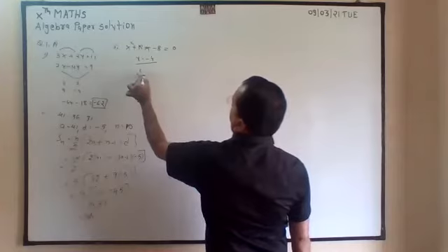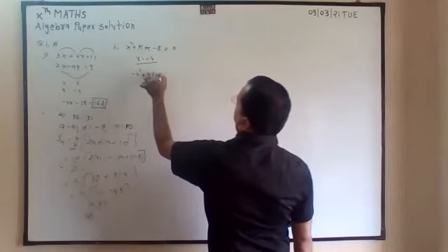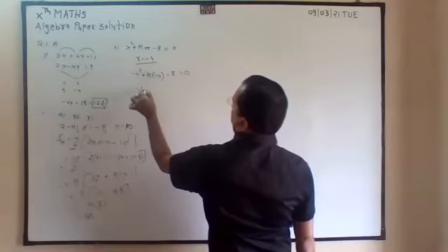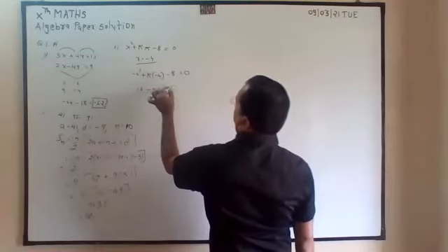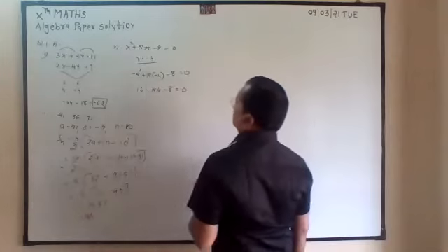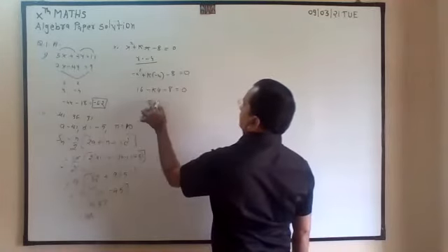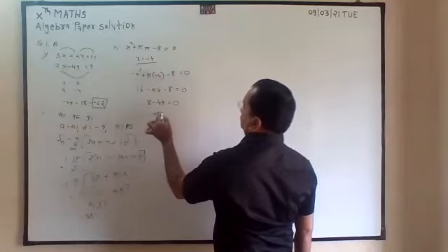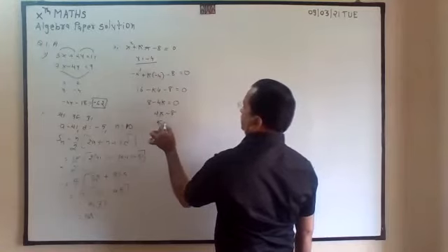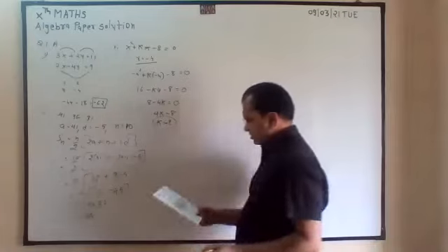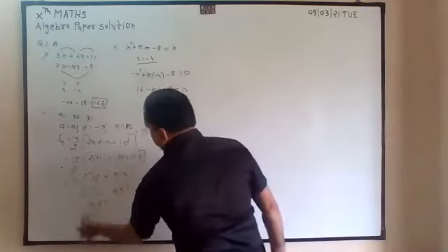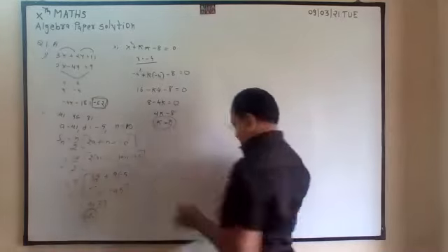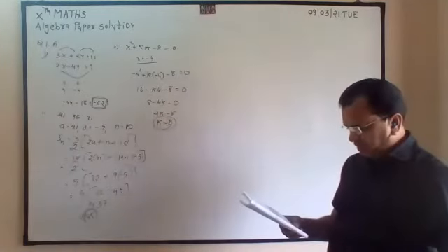So minus 4 square plus k into minus 4 minus 8 is equal to 0. 16 minus 4k minus 8 is equal to 0. 8 minus 4k is equal to 0. 4k is equal to 8, so k is 2. First answer minus 62, second answer 185, third answer k is equal to 2.